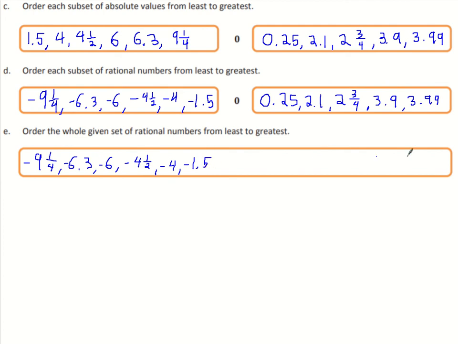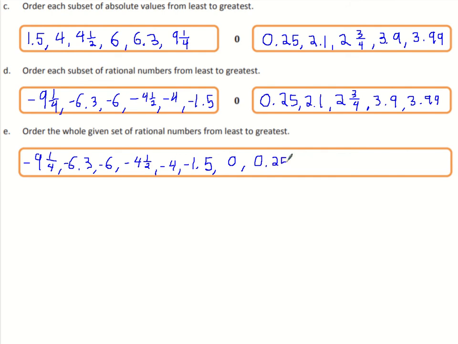And the reason that we know we already have the correct order is because we know that our negative numbers are always going to be to the left of our positive numbers. So since our negative numbers were already to the left of our positive numbers, we knew our order must already be correct.